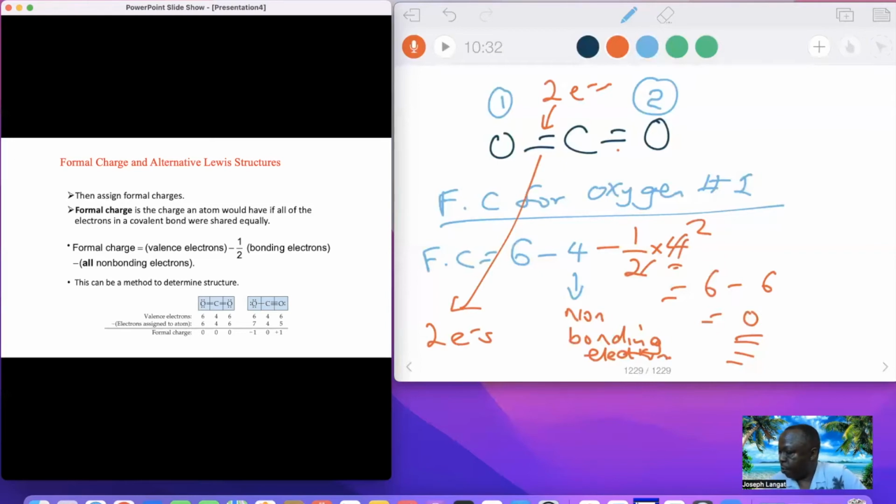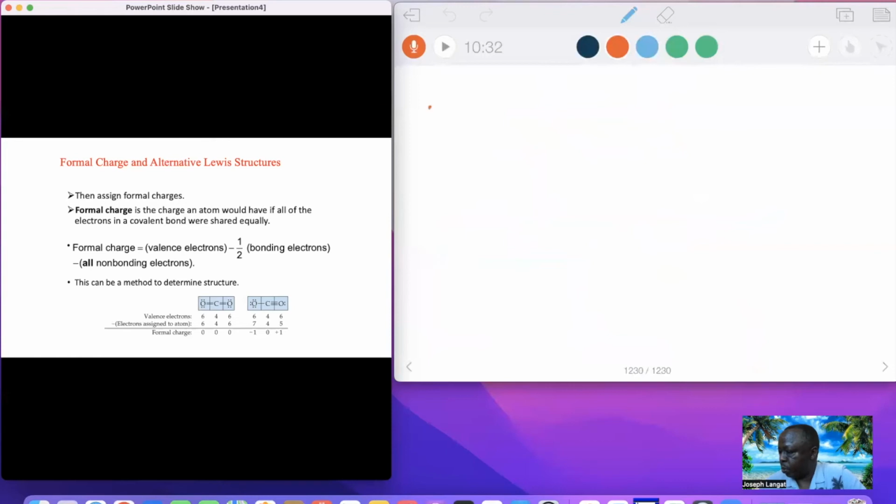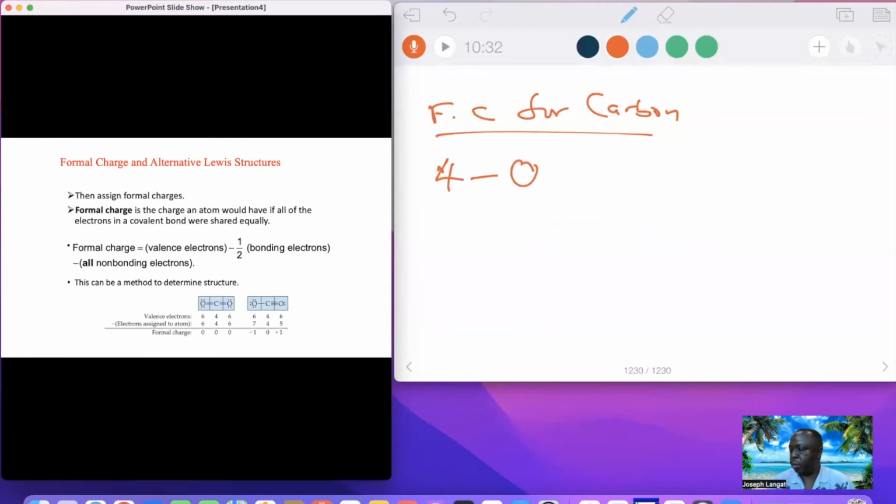For the formal charge for carbon, valence electrons is 4, minus 0, since I don't see any non-bonding electrons, minus a half.